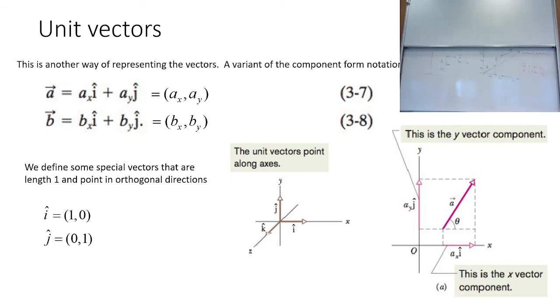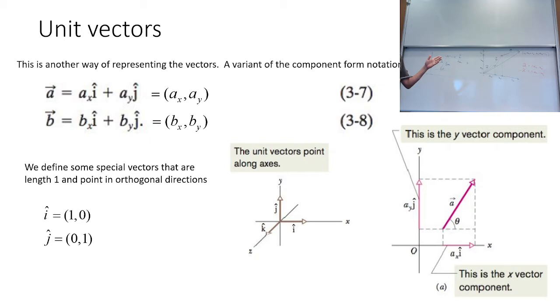Next is unit vectors. I first encountered this in first year physics myself, and I always thought, what's with these unit vectors? Why do we have these unit vectors? Has anybody seen unit vectors before?